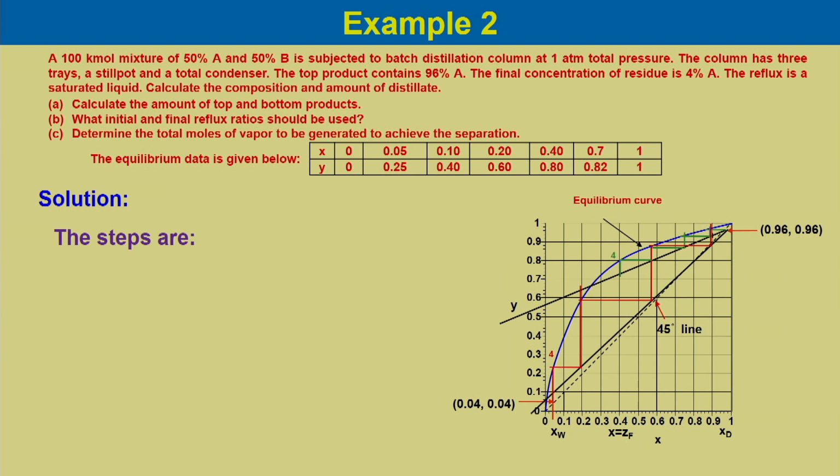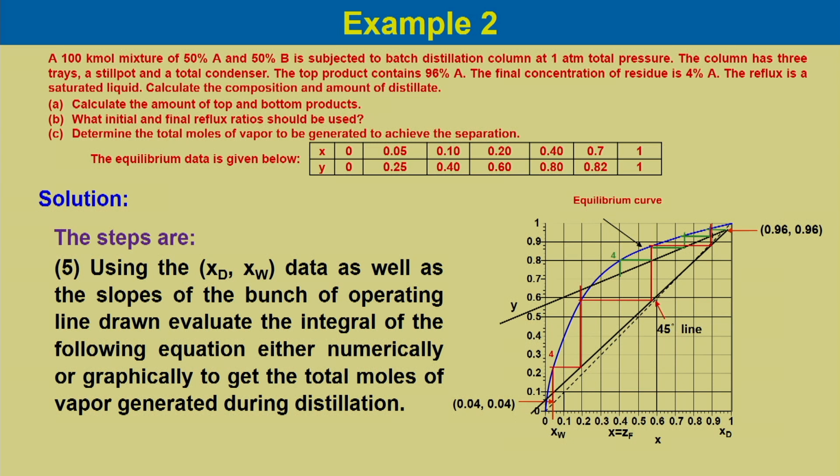Using the xD and xW data as well as the slopes of the bunch of operating lines drawn, evaluate the integral of the following equation either numerically or graphically to get the total moles of vapor generated during distillation.